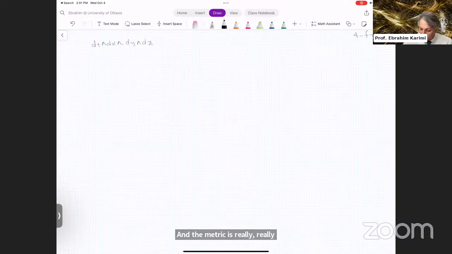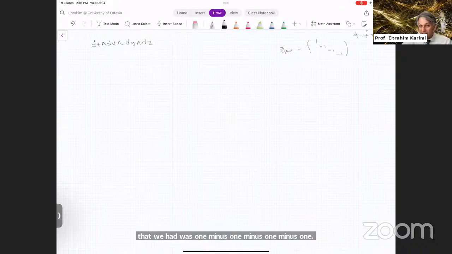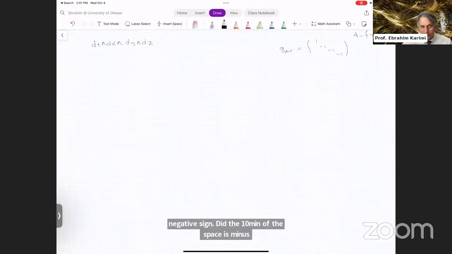Remember the metric that we had was 1, -1, -1, -1. So X, Y, and Z in the metric have a negative sign. The determinant of the space is -1. So these are really important concepts.